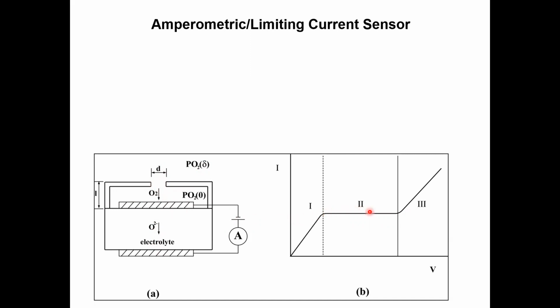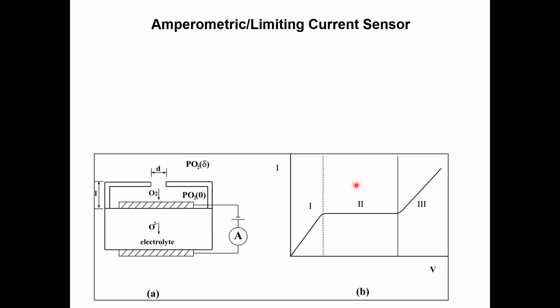The signal doesn't change until you exceed a voltage so high that your electrolyte decomposes, meaning the electrolyte goes into the electronic conduction regime. It actually becomes an n-type semiconductor at very high applied voltage.